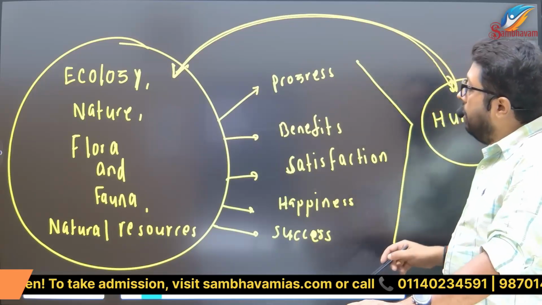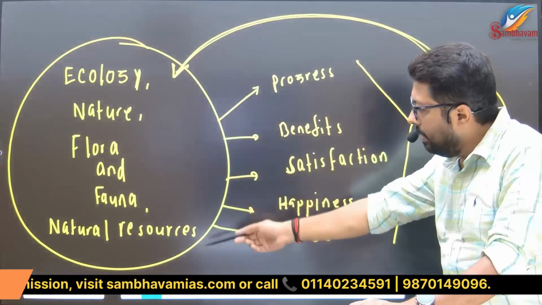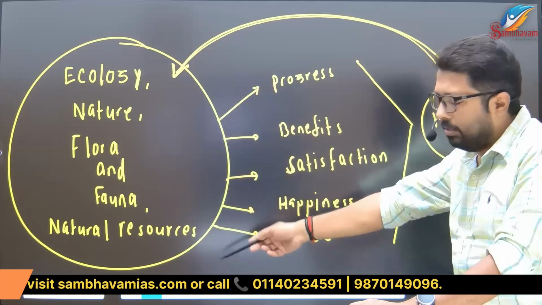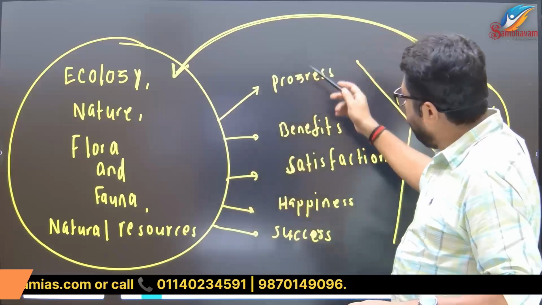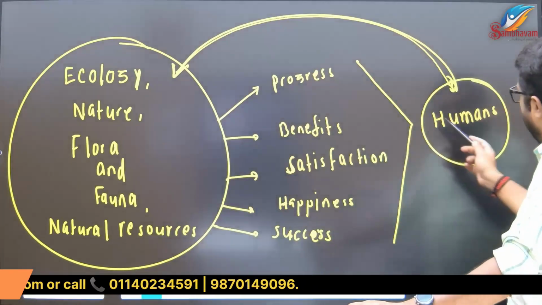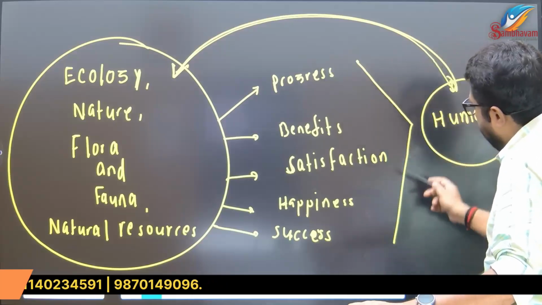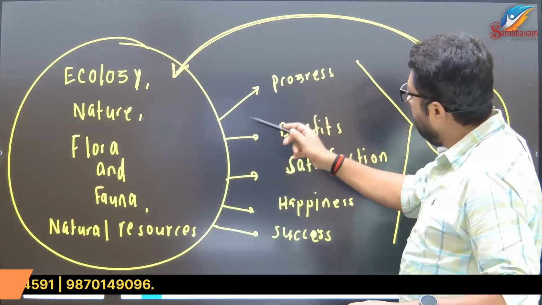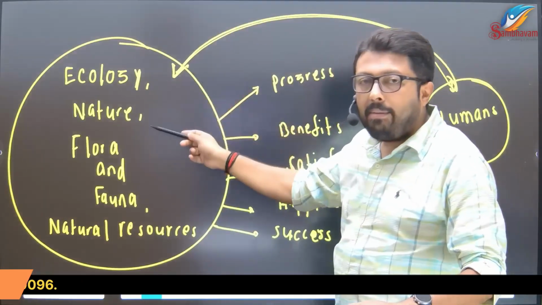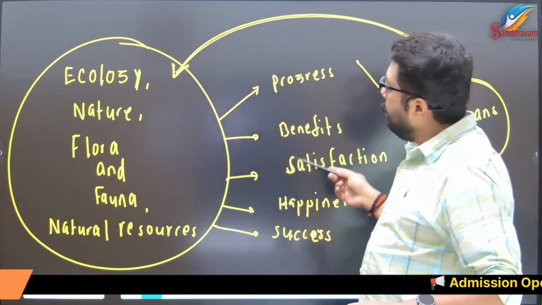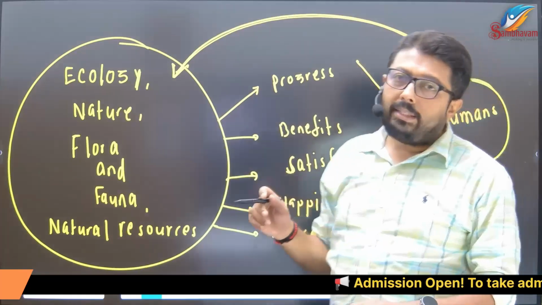Getting? So this is development and this is conservation. This is environment, and this is about development. Both are important for humans. So humans should do nothing but give back to the same ecology whatever they are gaining from here, right? They should give back to flora and fauna. They should give it to the ecological system, right?